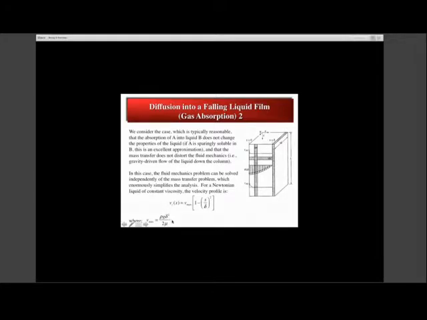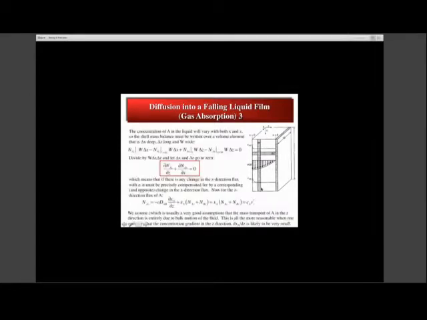You can derive this result, and you can see this result derived in the fluid mechanics section of your textbook, so I won't belabor it here. But this will be our expression for the velocity profile of liquid that's moving down, and we will calculate the concentration profile of A inside this liquid layer.